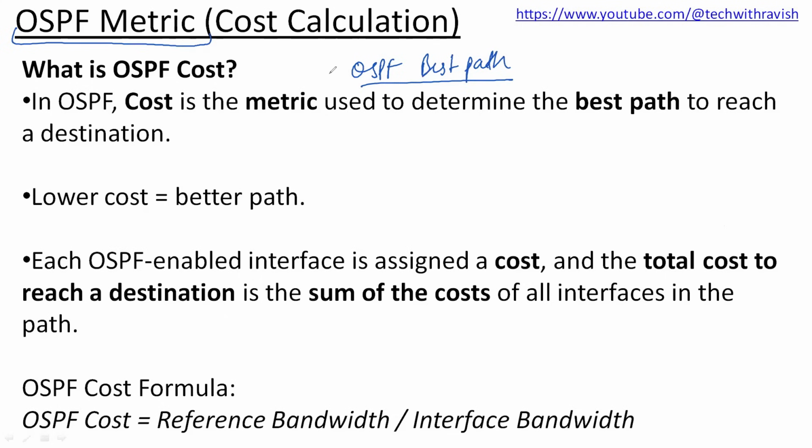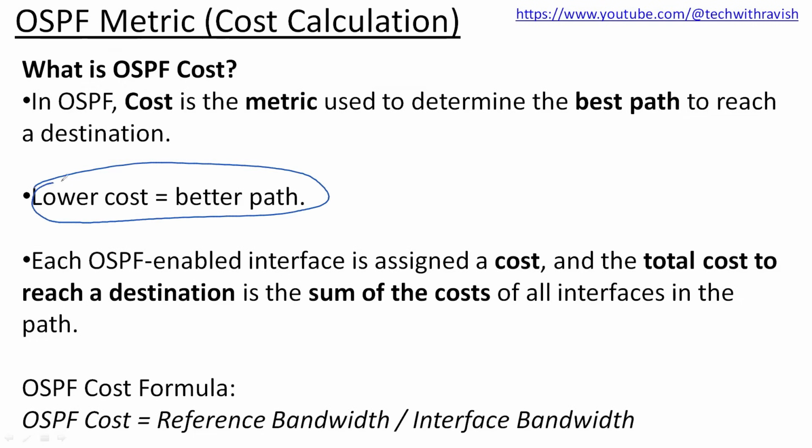Now we are going to determine the OSPF metric values for multiple paths, then observe which path will be automatically selected by OSPF as the better path. Lowest cost is equal to the best path. This is the rule to select the best path in OSPF.